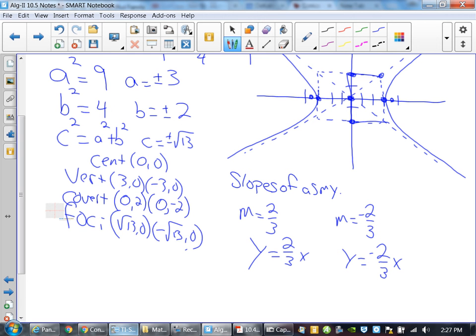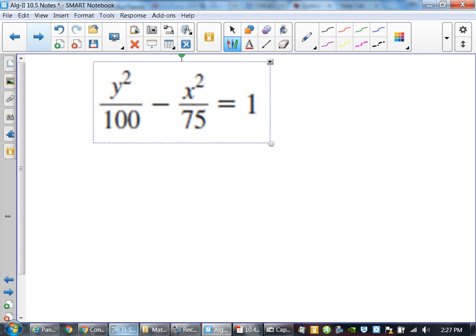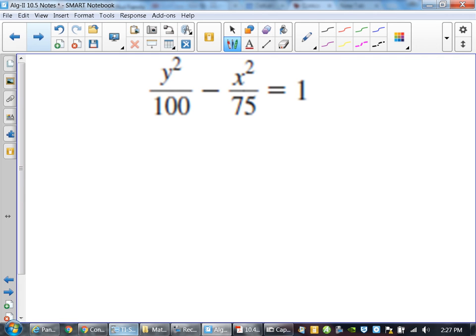We can make it more difficult. Let's try another one that's gone the other direction. Let's go with this one. Y squared over 100 minus x squared over 75.